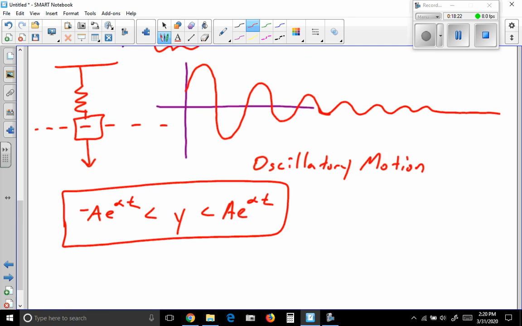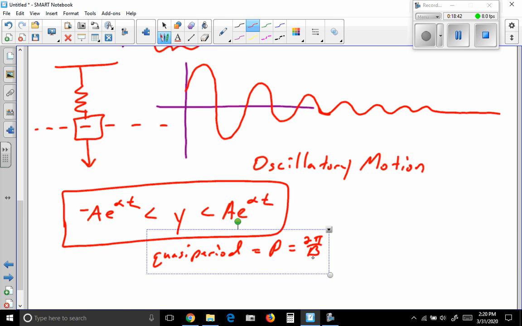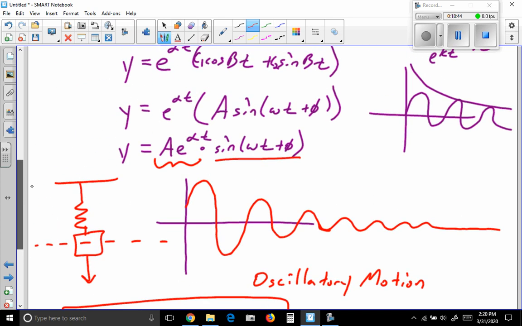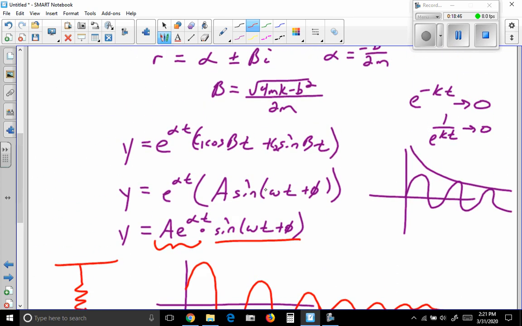Now, since it's oscillating and it's not purely simple harmonic motion, then instead of calling it a period, we call it a quasi-period. And the quasi-period is 2 pi over beta. So whatever our beta is, and I guess I should in this case use beta here instead of omega.